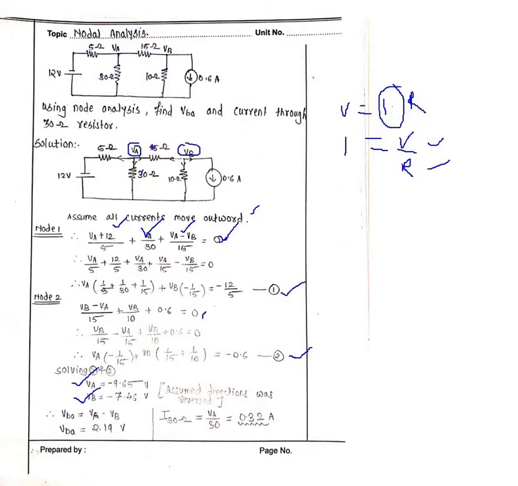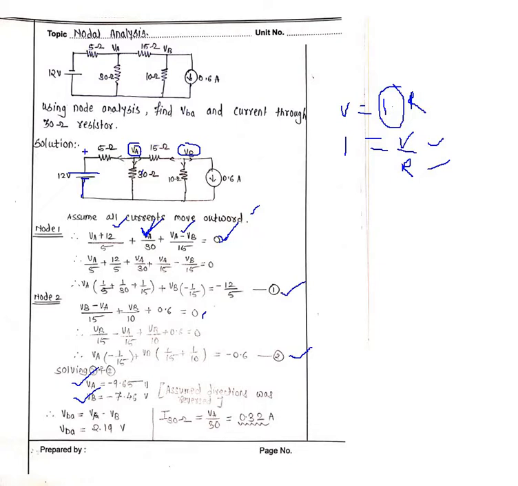I will repeat again. This is the simplest term because no voltage term is there, so VA divided by 30, current 1, current 2, current 3. Then the second one: normally you write VA minus 12 volt when you have supply voltages like this, but here it is just opposite.